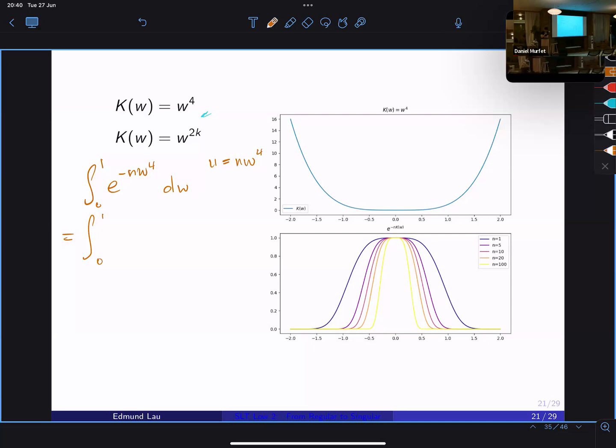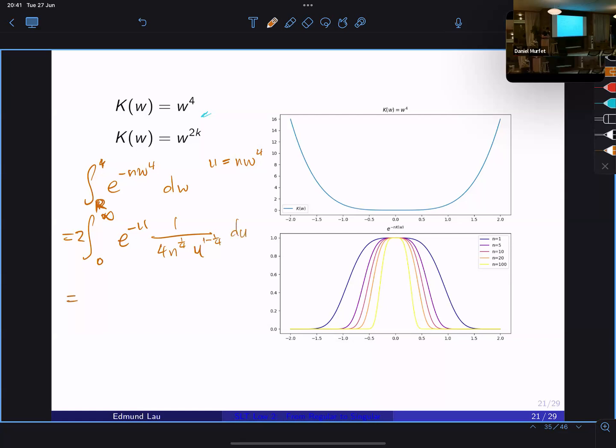If I'm integrating across all of R, that's the same as integrating half of R, and because it's an even function, I will double that. I do that substitution, I get e to the negative u, and I get the Jacobian, which is 1/4 n to the minus 1/4, and u to the minus 3/4, du.